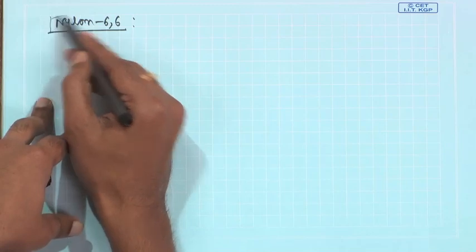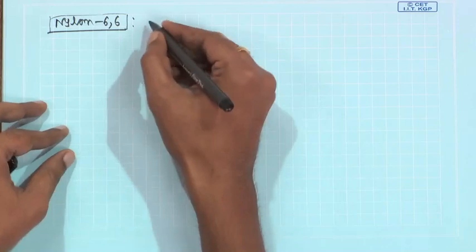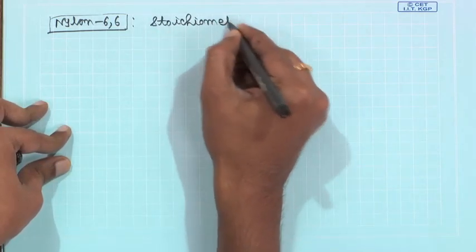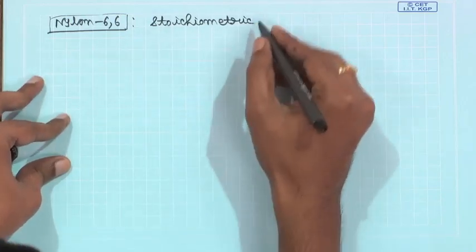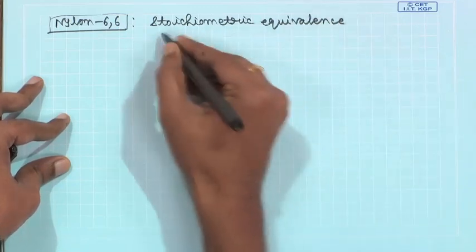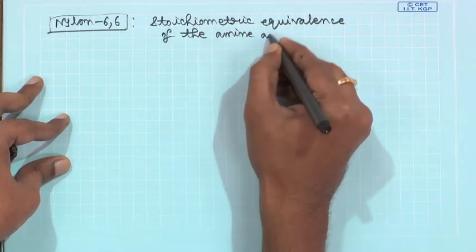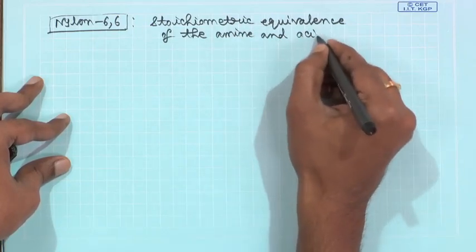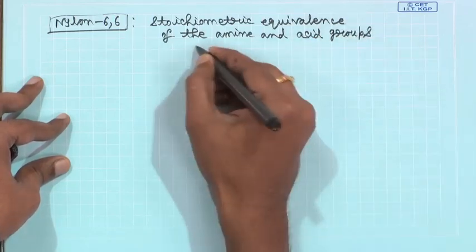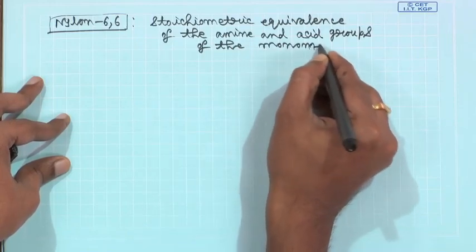To obtain polymers of high molecular weight, we ensure stoichiometric equivalence of the amine and acid groups of the monomers. Stoichiometric equivalence is what we are trying to ensure.